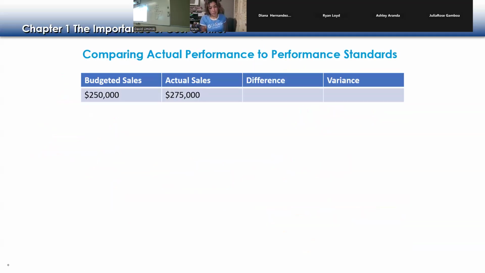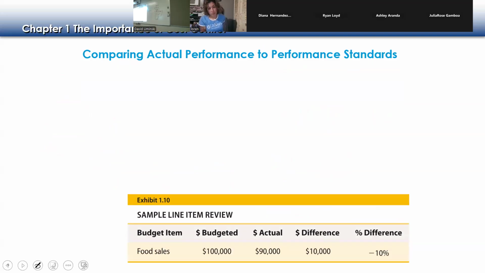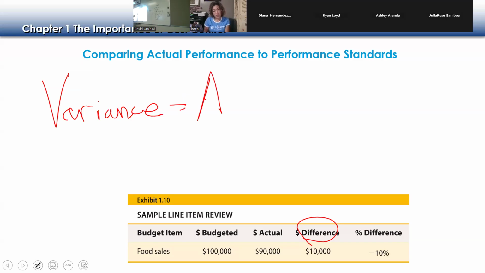And then what we're going to do is we're going to take our actual performance to what our performance standard was supposed to be. So what were we supposed to do? What actually happened, and we're going to compare that. Okay, and so variance is basically the way of saying the difference. So variance is equal to the actual minus the budgeted.